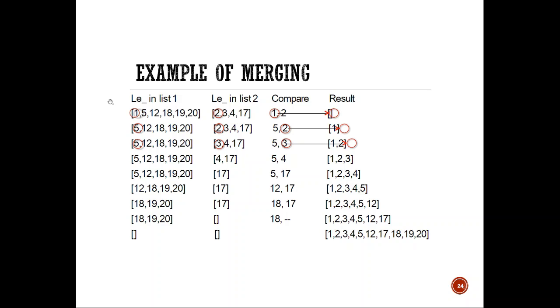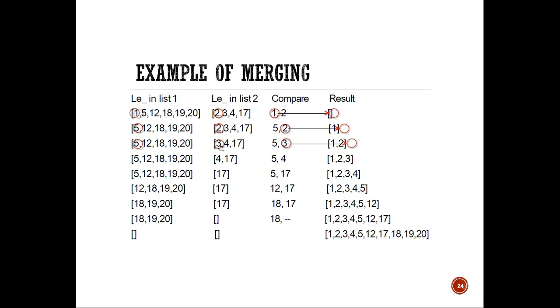So here is an example. We compare the first two elements. Here, for example, 1 is less than 2, so we place 1 in the result. Then we compare 5 and 2. 2 is smaller, we put 2.